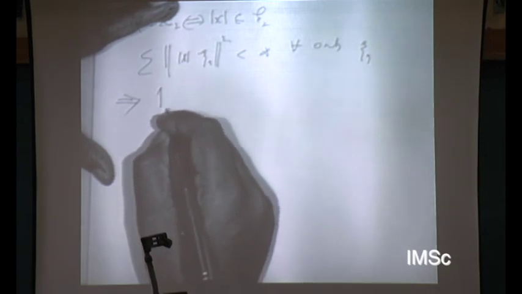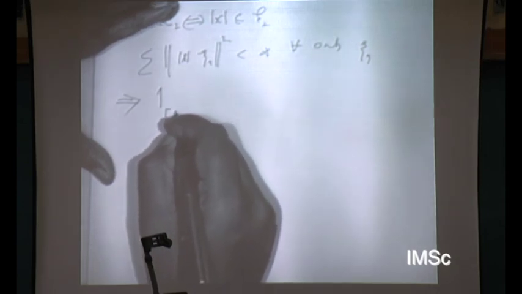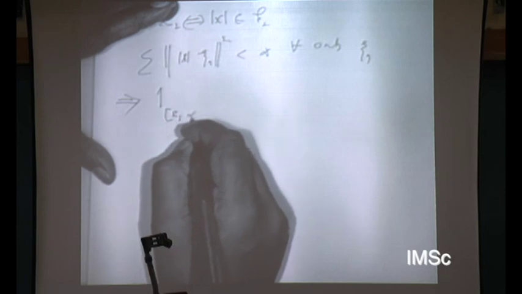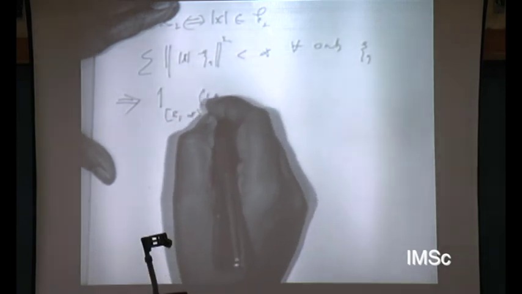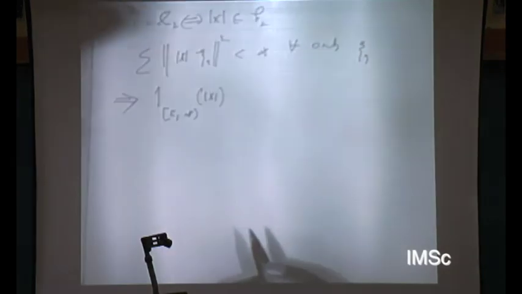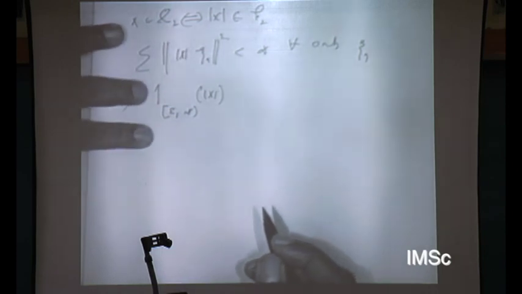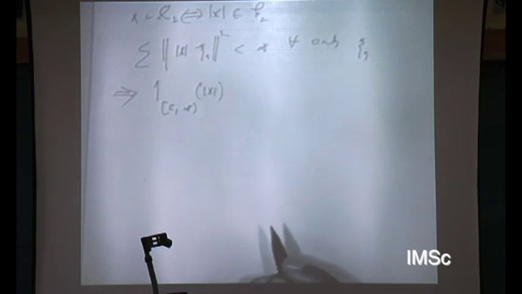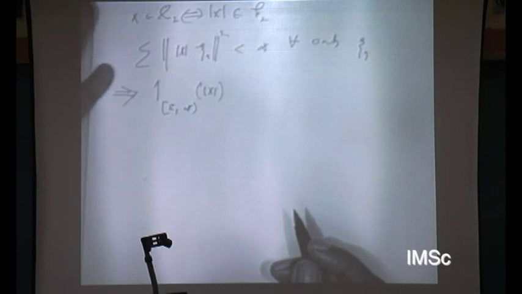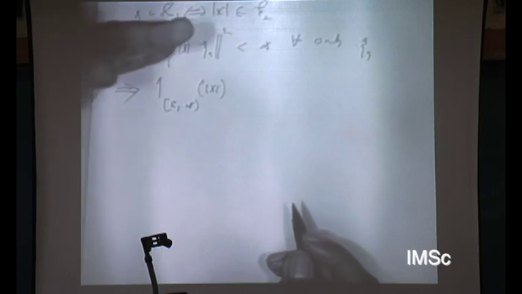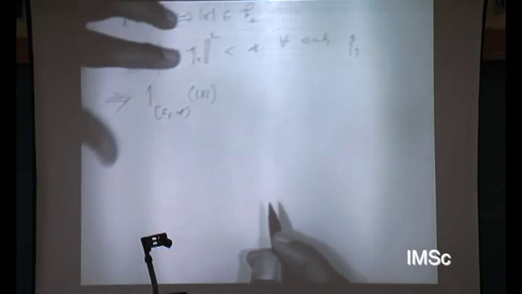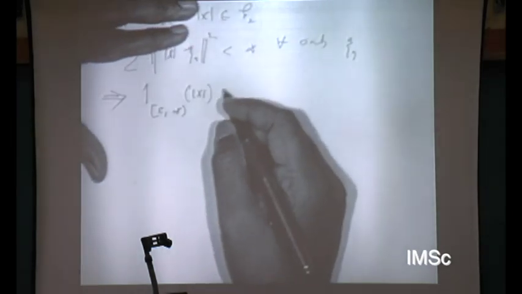So I want to say if I take any epsilon, see this makes sense. This is the indicator function, which is 1 after epsilon and 0 before that. This function of mod x is going to be a projection in that one-dimensional algebra generated by mod x. So I want to say this has finite range.